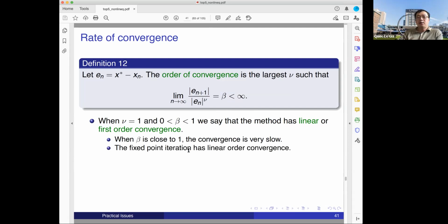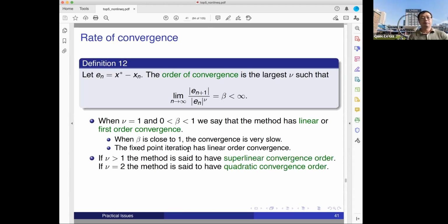And the fixed point iteration, like we discussed, has a linear order of convergence. The order of convergence is 1. And then the Newton method. If nu is bigger than 1, the terminology is superlinear convergence order, just bigger than linear.